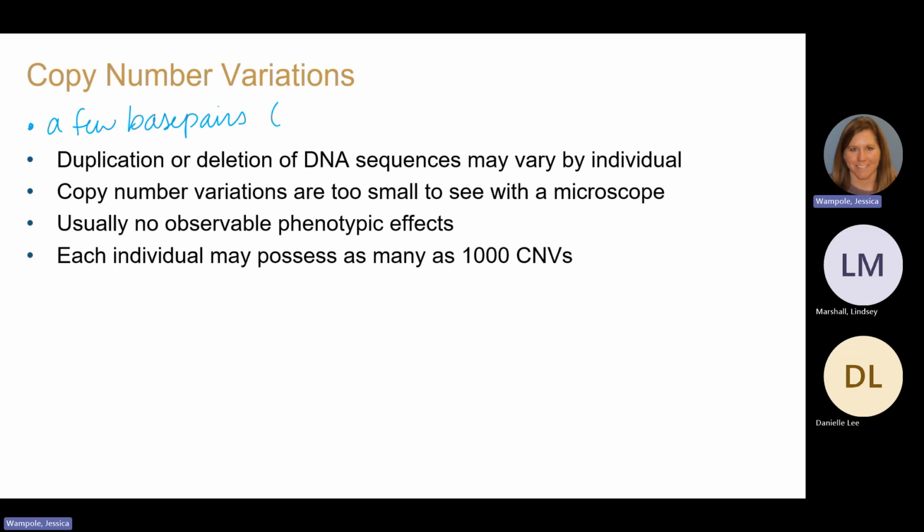So this is usually like 1 to 5 base pairs. It might be a little bit more, but usually it's a very small number of base pairs. And you can have up to, well, maybe up to about 1,000 copy number variations. Copy number variations usually occur in non-coding regions.